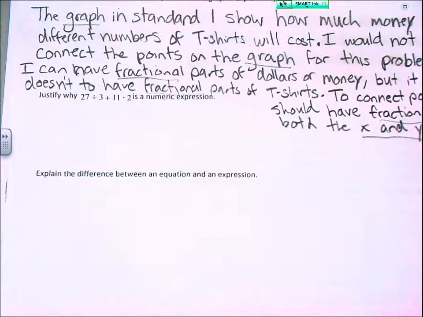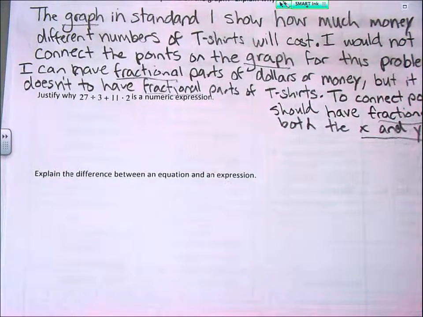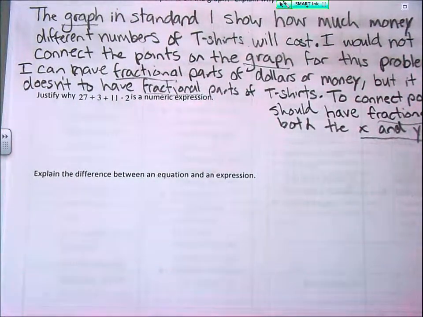Then, second one: justify why 27 divided by 3 plus 11 times 2 is a numeric expression.